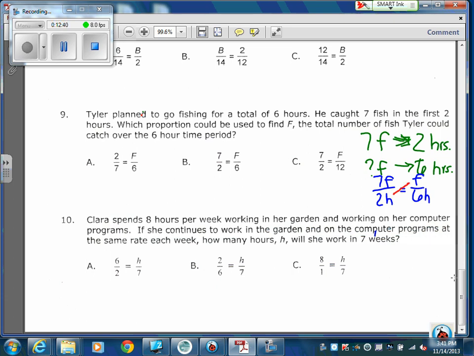The 2 should be across from the missing number. 6 across from 7. So 2 across from the missing number? No. 2 across from the missing number? Yes. 7 across from the 6? Yes. C, 2 across from the missing number? Yes. 7 across from 6? No, we don't even have a 6 there, so your answer is B.